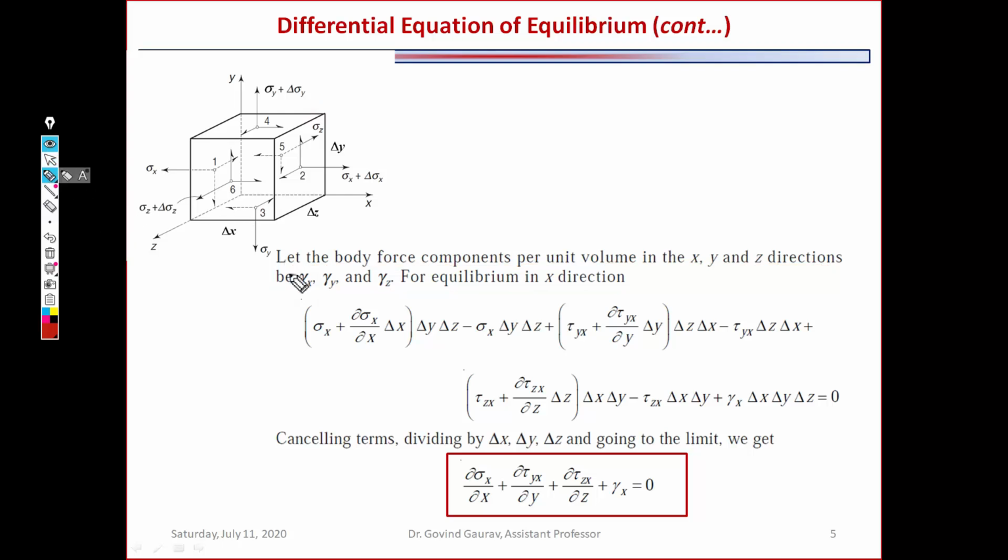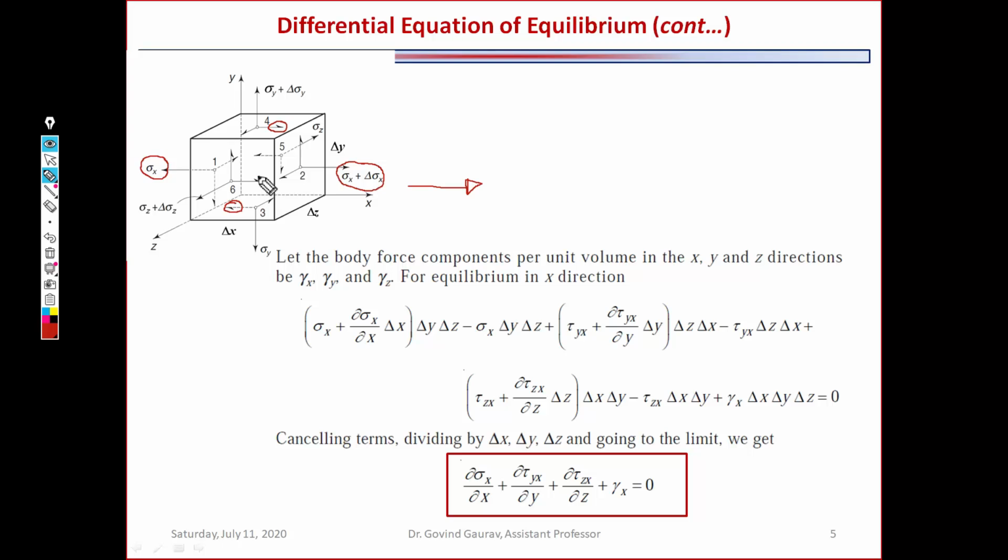So what are the stresses that are acting in the x direction? First we write the equation of equilibrium in the x direction. The stresses acting in the x direction are this value, the next value, another value, and this value, all acting in the x direction.